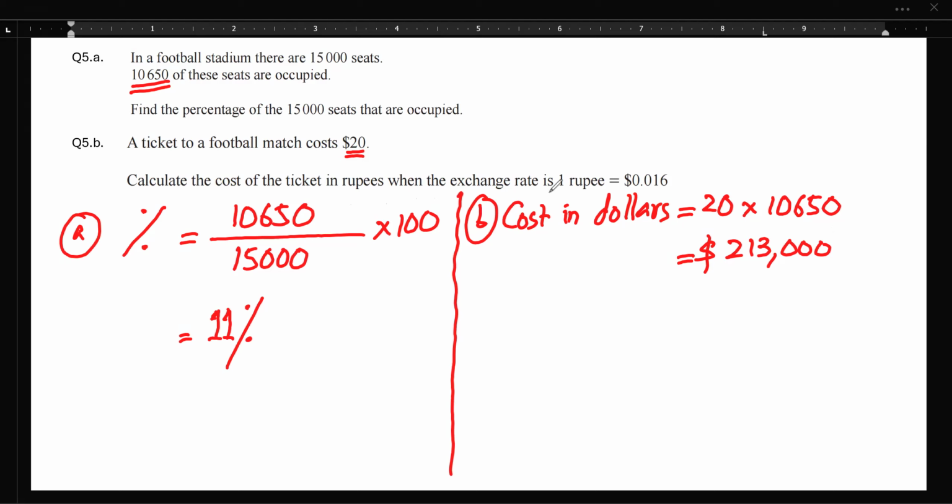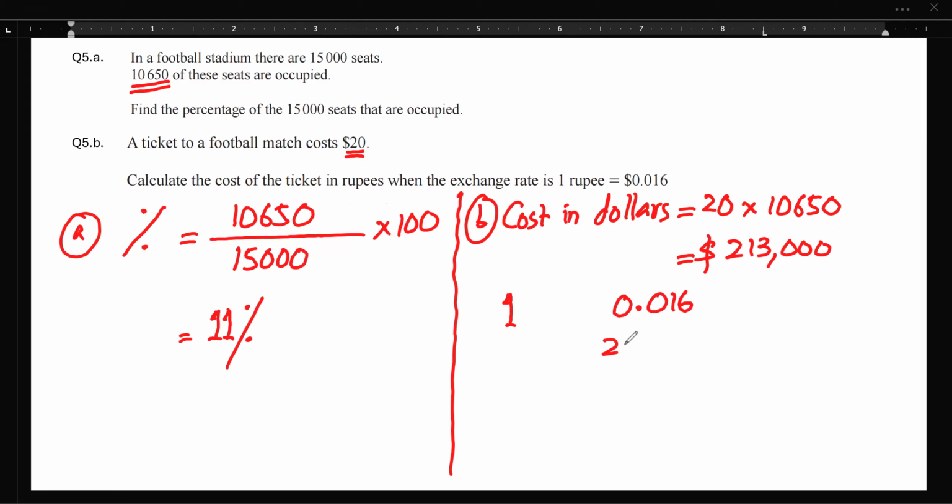But when exchanged, the cost of tickets in rupees. So let's convert this cost into rupees. They mention here that 1 rupee will give you $0.016.